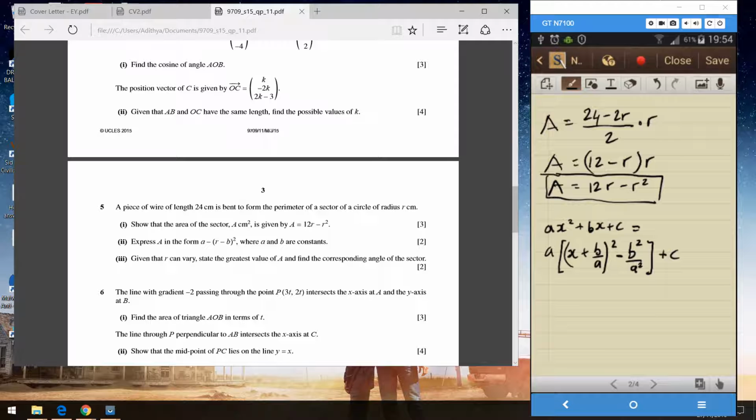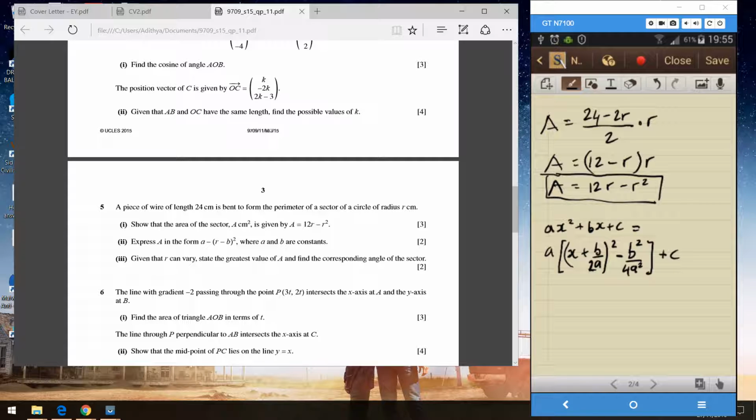So let me just say that verbally. If you expand this part, that's x squared plus bx over a plus bx over a, that's 2bx over a. Now that makes sense, 2 and 4.